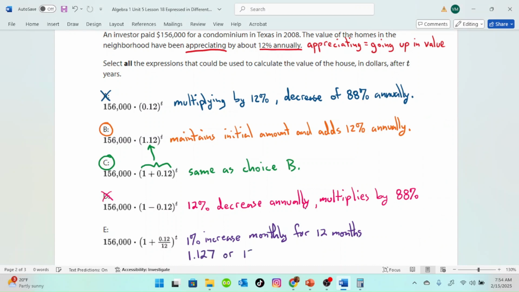Which is a 12.7% annual increase. So E is also wrong.